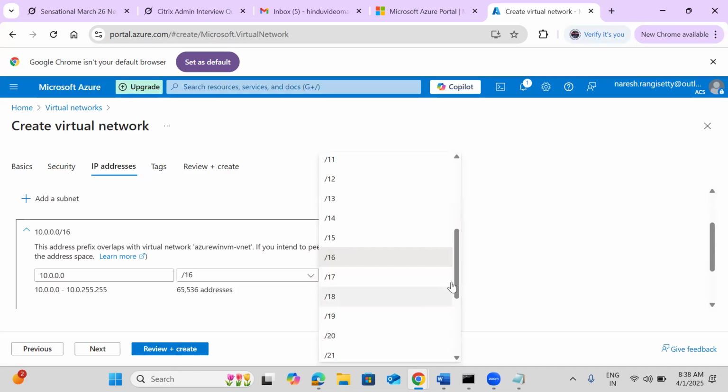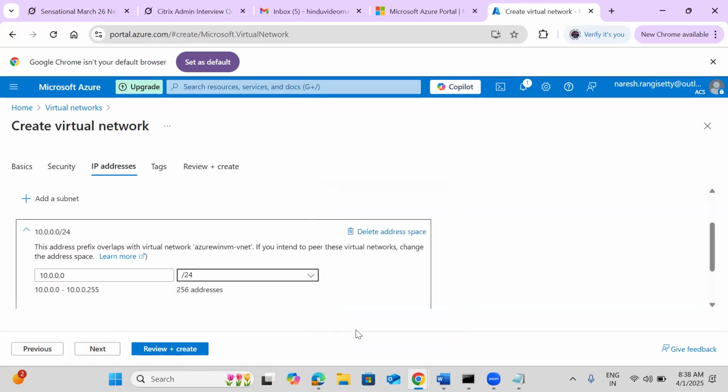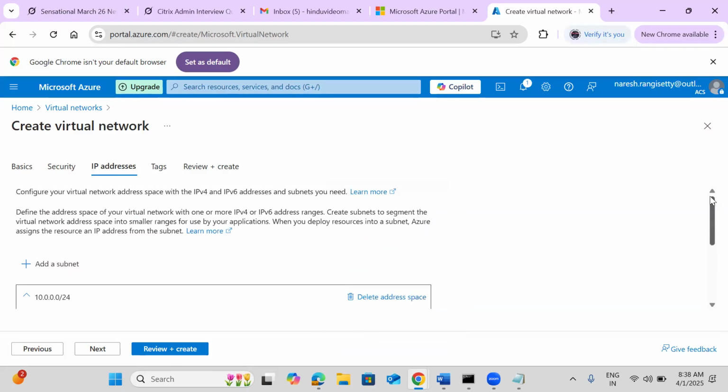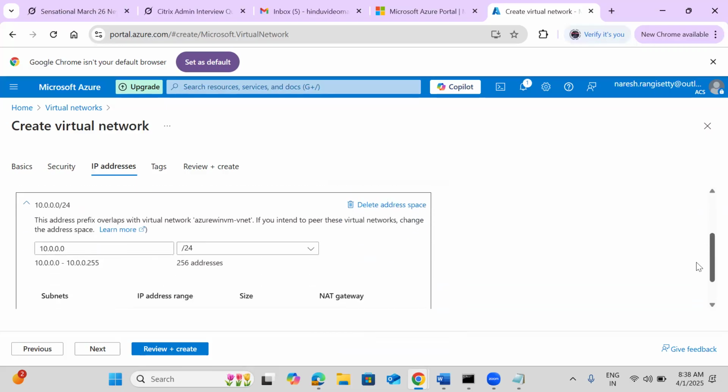I'm going to use /24, which by default gives around 256 IPs. If you want more, we can add it too. So we get 10.0.0.0 to 10.0.0.255.